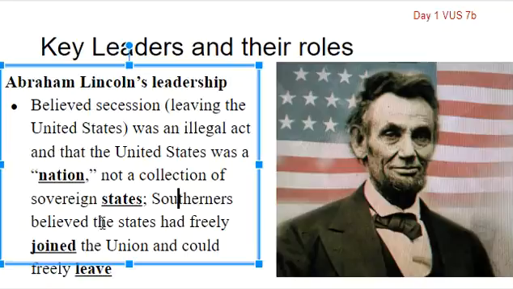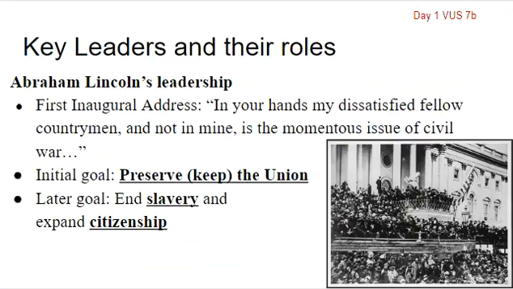Whereas Southerners felt, you know what? We decided to join the United States. Now we can leave the United States if we want. And Lincoln, in his first address, said, "In your hands, my dissatisfied fellow countrymen, and not in mine, is the momentous issue of civil war."